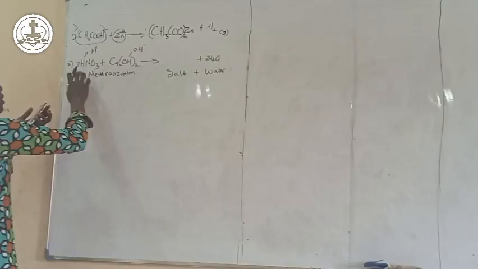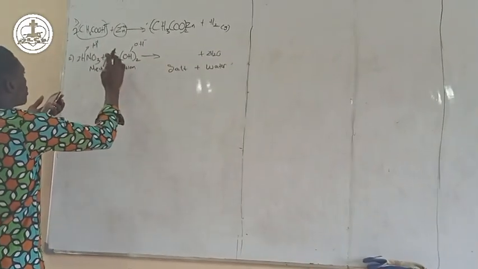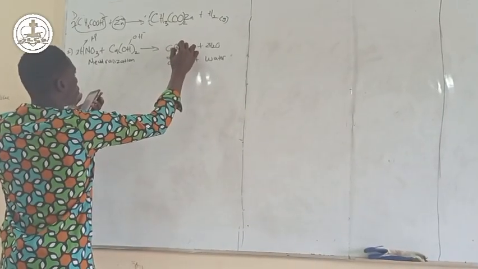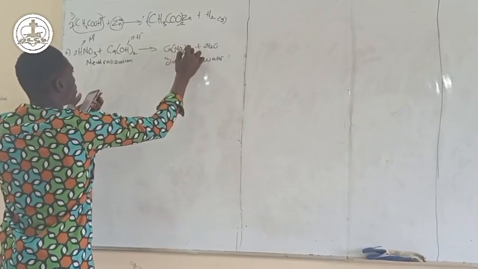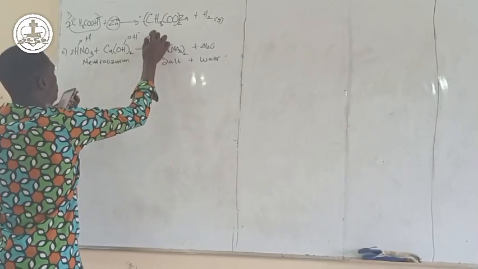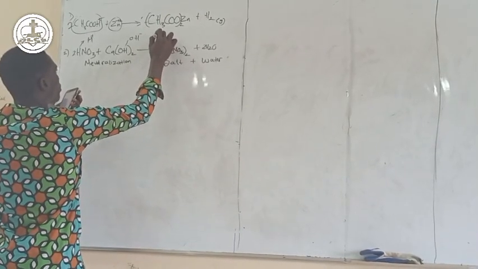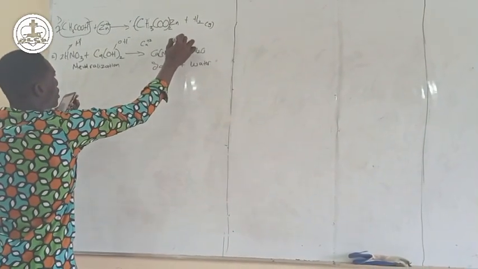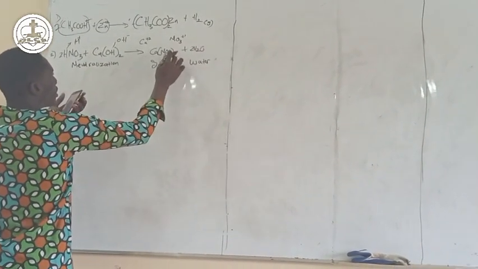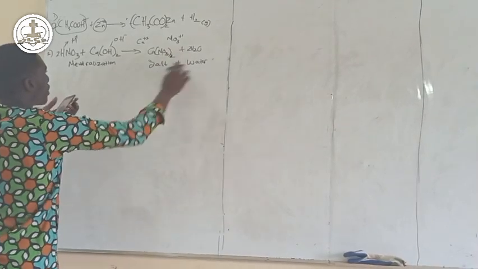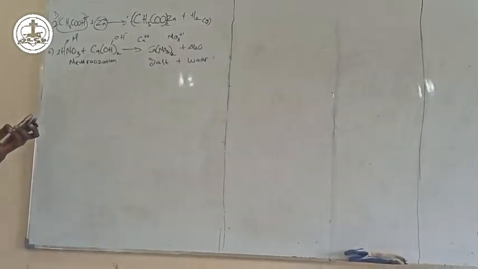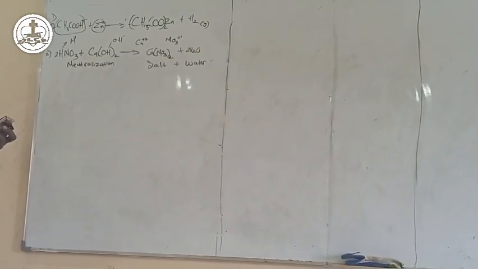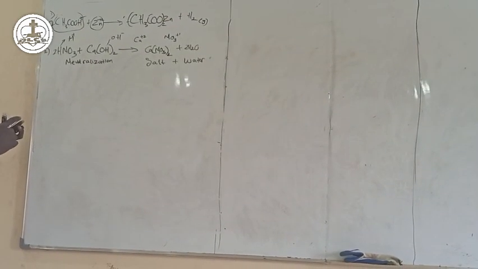To balance this, the salt should be Ca(NO3)2. This is balanced because Ca is plus 2 and NO3 is minus 1, so it takes 2. So this is the balanced equation, and the correct answer is B, just as you have it on the board here.